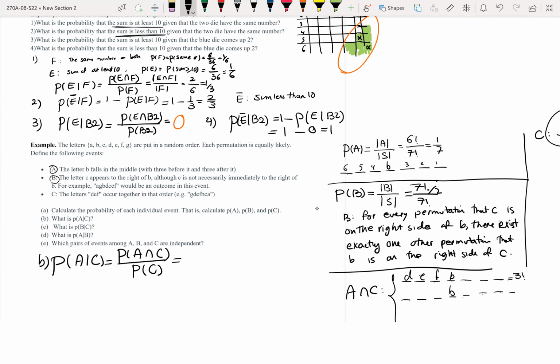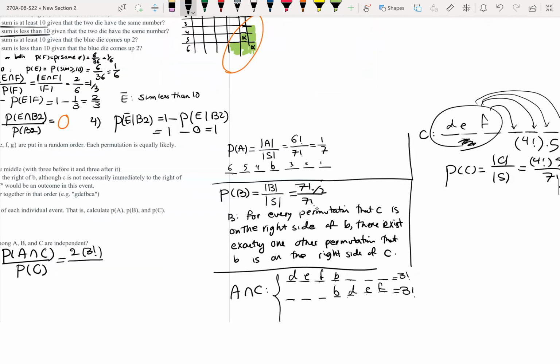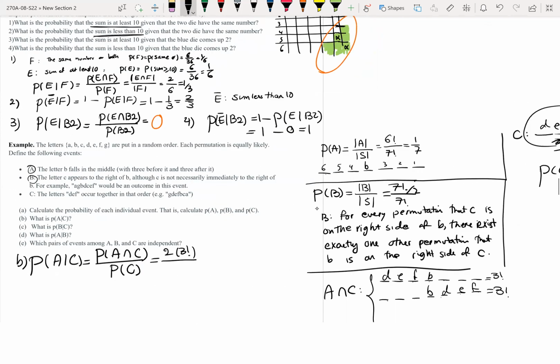Okay. And then there is one more case that DEF could be here. So you have another 3 factorial. Agree with me? Okay. So you have just 2 of those 3 factorial divided by total of C, which is 4 factorial times B.